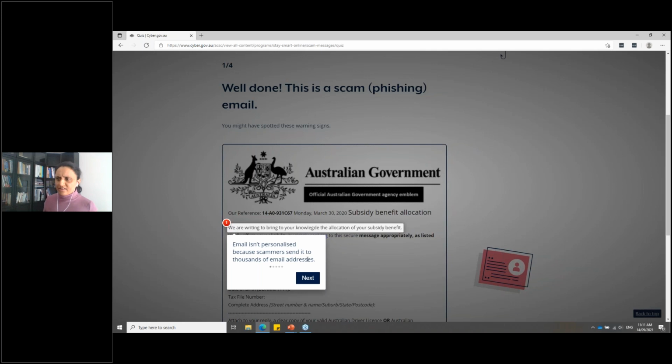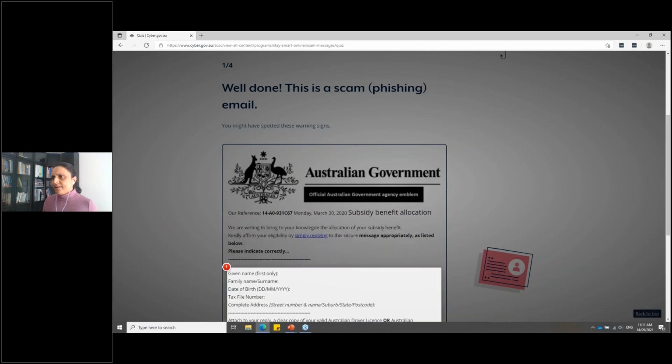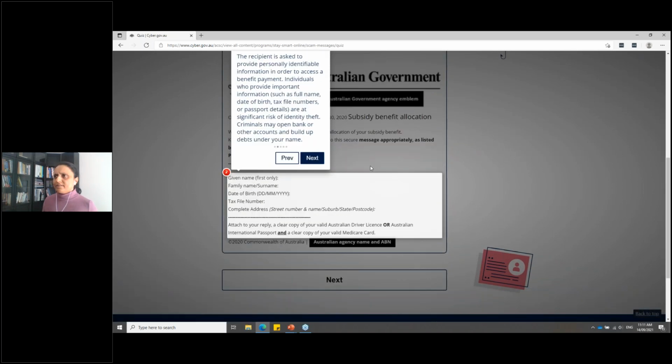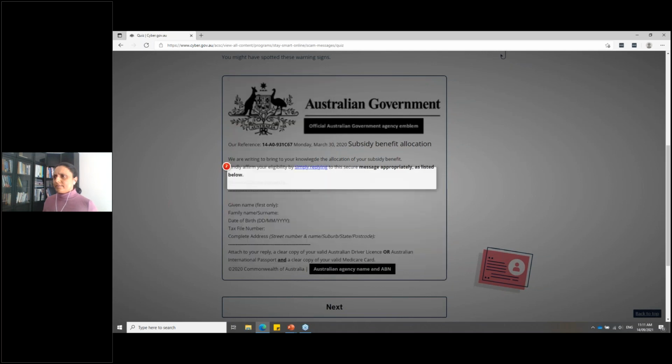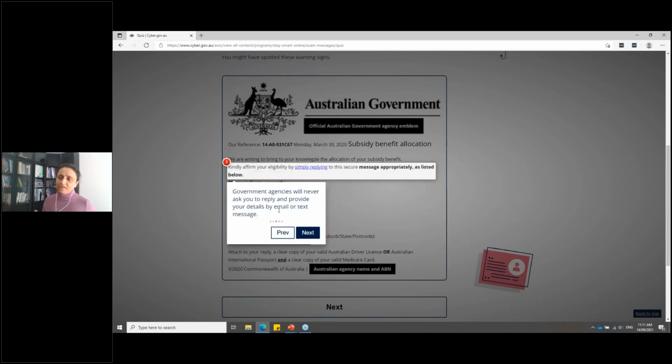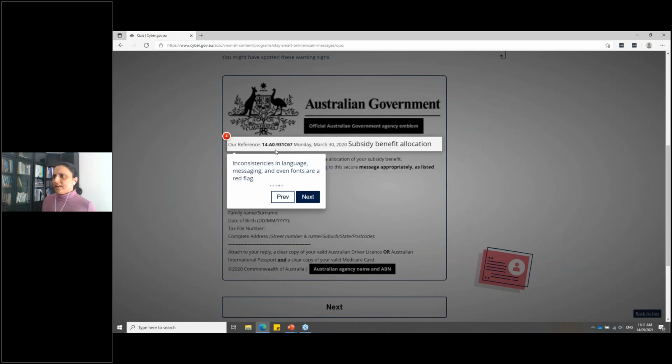There it is. It's not personalized, asking you to provide your personally identifiable information, particularly details like your tax file number and your passport. In general, government agencies would never ask you to provide this sort of detail via email. And inconsistencies in language and font are another indication as well.